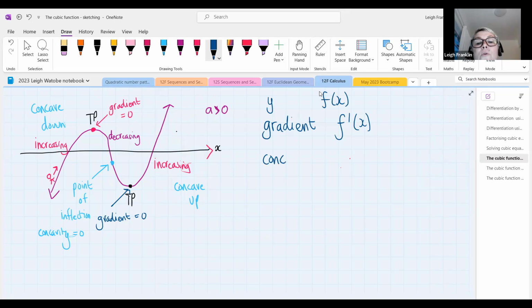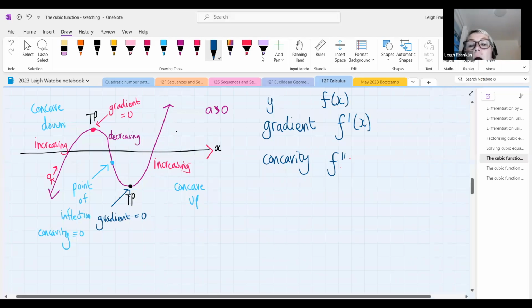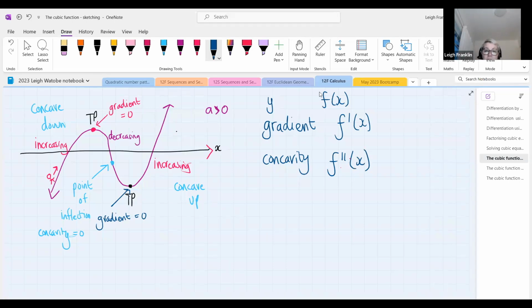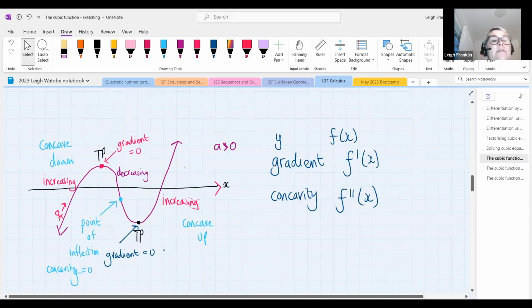What is the symbol for concavity? Good, Ayanda. What's the symbol for concavity? That's it, William. Lovely. So f prime prime x, or f double prime x. So f prime x represents our gradient and f double prime x represents our concavity. Another way that I could say that the gradient is 0 at the turning points is how?